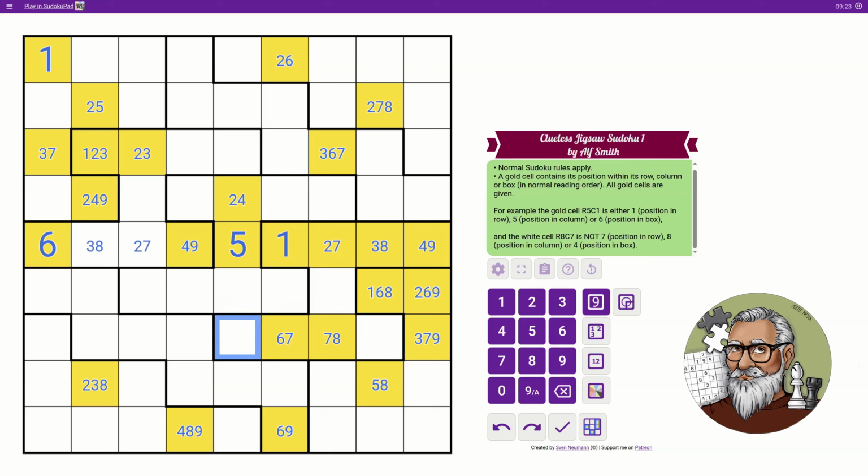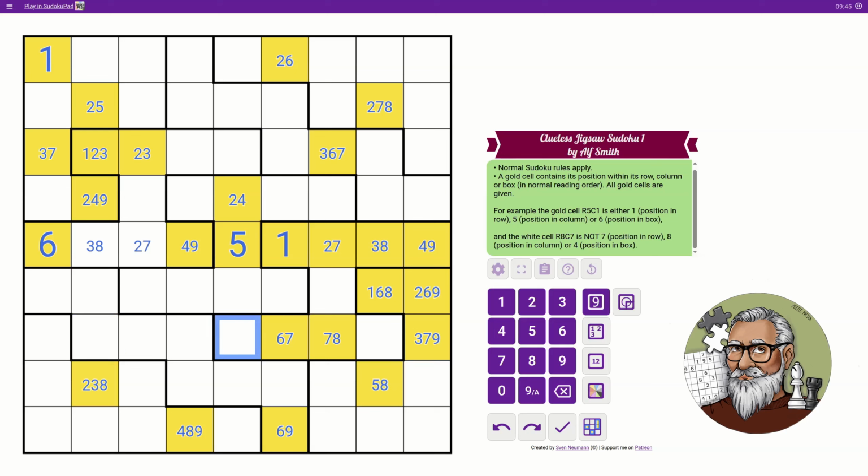What about this cell here? It's not 1 or 5. Okay. Just by Sudoku. It's not, well, but 5 doesn't matter for its row position. It's not 7 either.